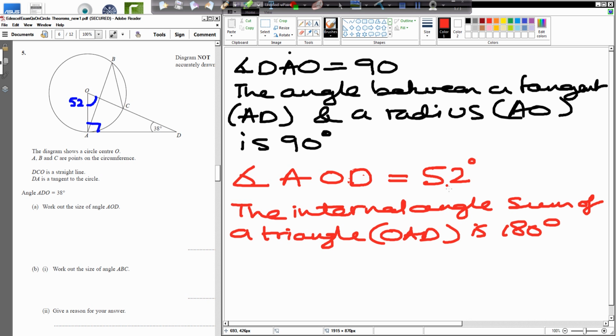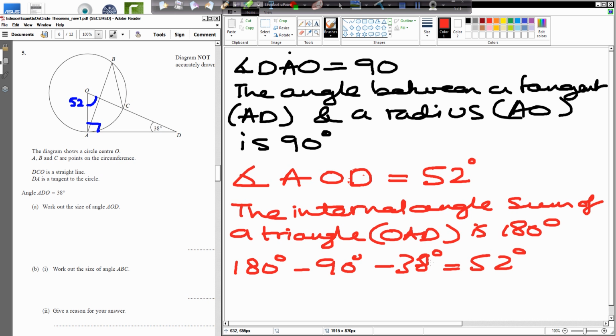So I've given the answer. I'm starting to explain my answer. Now I'm going to do a bit of calculation. So 180 degrees minus 90 degrees minus 38 degrees is equal to 52 degrees. So that's where I got my answer from. That's all the background behind the 52. So 52 is the answer, and I've explained it all.